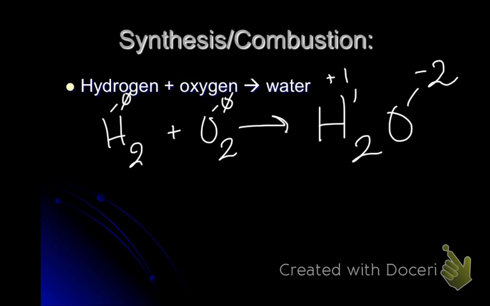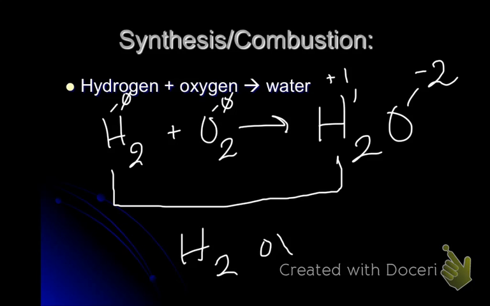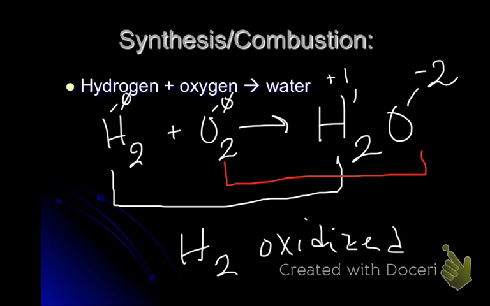So right away, what we can see here is that the hydrogen goes from 0 to +1. And so H2 is oxidized, and its oxidation number goes from 0 to +1. And as you can see, O goes from 0 to -2. And you always write the whole species.